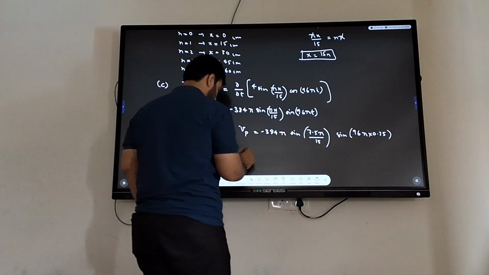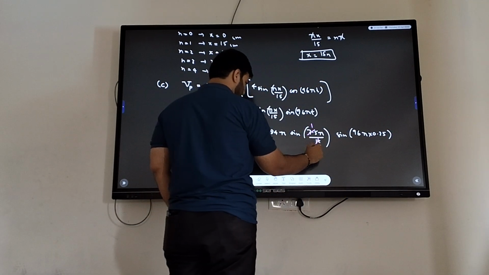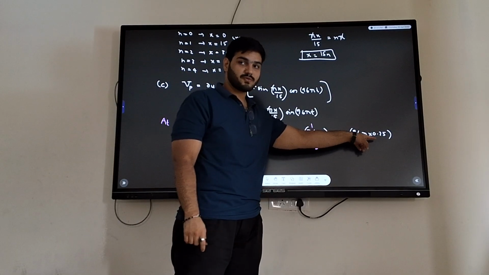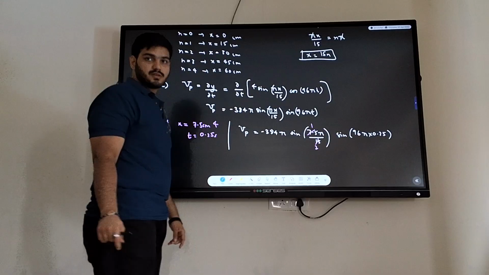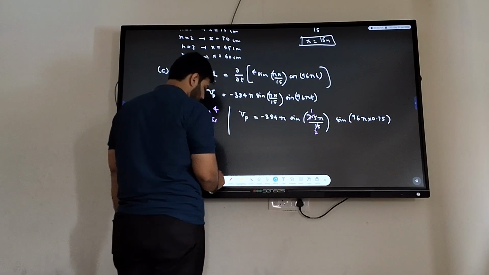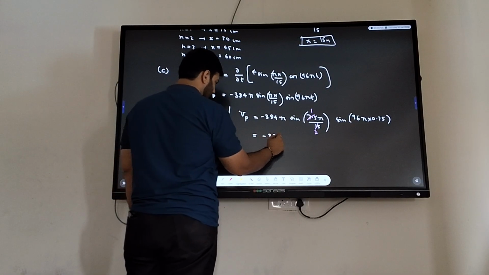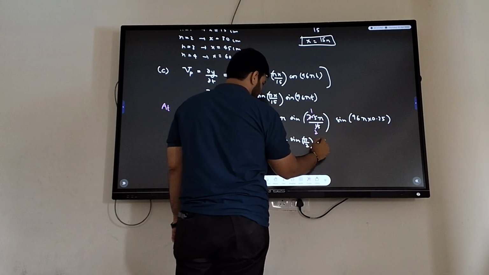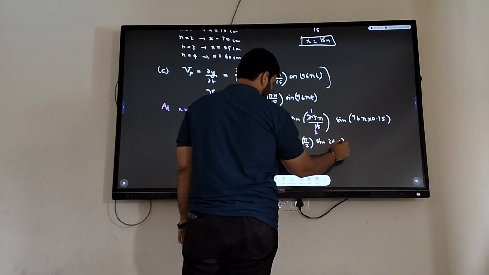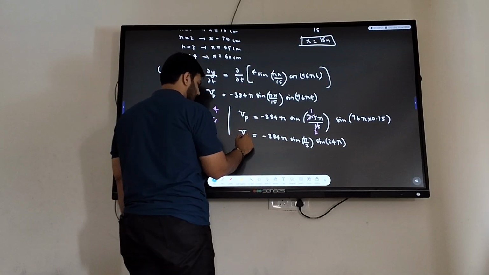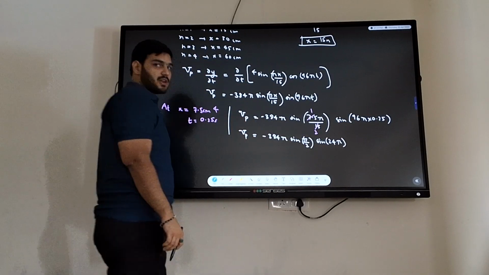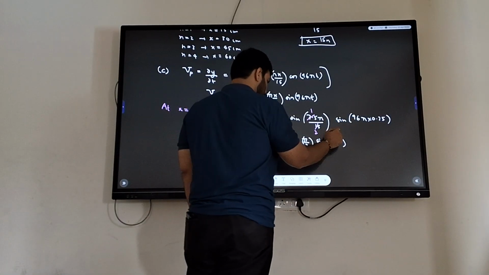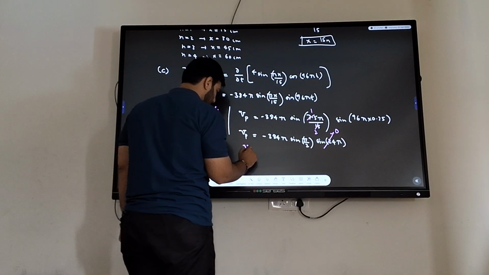Now can somebody tell me, ये तो 1 सा ये 2 सा में गया तो pi by 2 हो गया. 96 times 1 by 4, what is that equal to? 24. Then what do you get? Sine pi by 2, that's equal to 1, but sine 24 pi, so what is sine 24 pi? That's 0. Any multiple of pi in sine is 0, so that means you get 0.